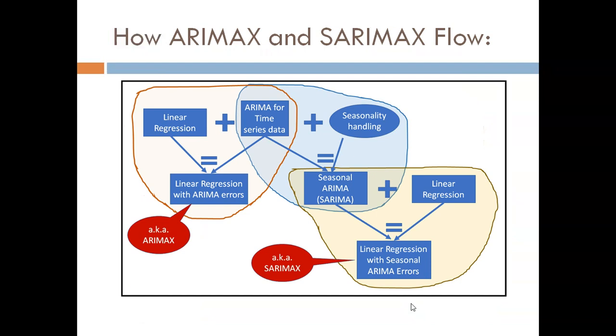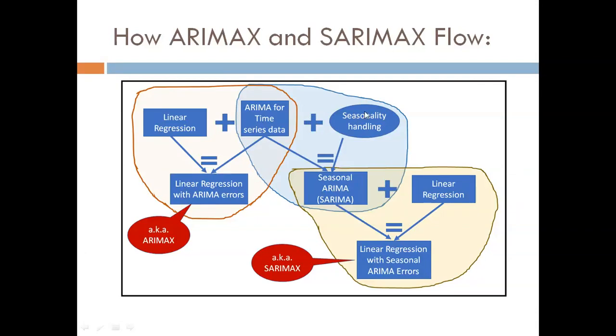How do ARIMAX and SARIMAX flow? If you see the overall map, you will notice there are three circles which are handmade. The first has no color, the second is blue, and the third is orange. The second one, the blue one, is ARIMA for time series plus seasonality handling.